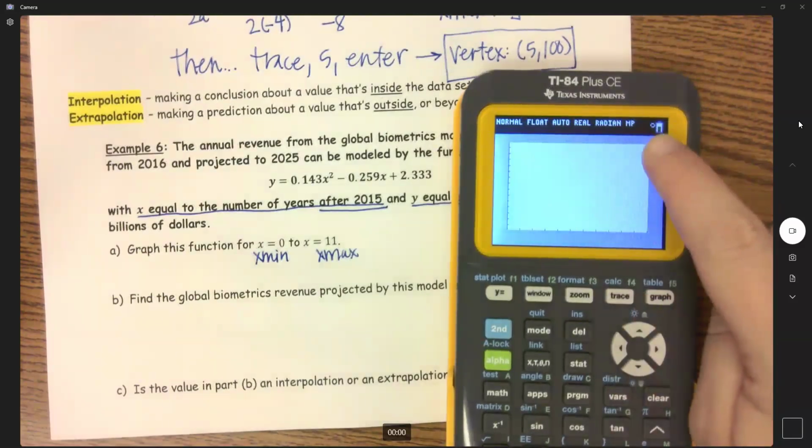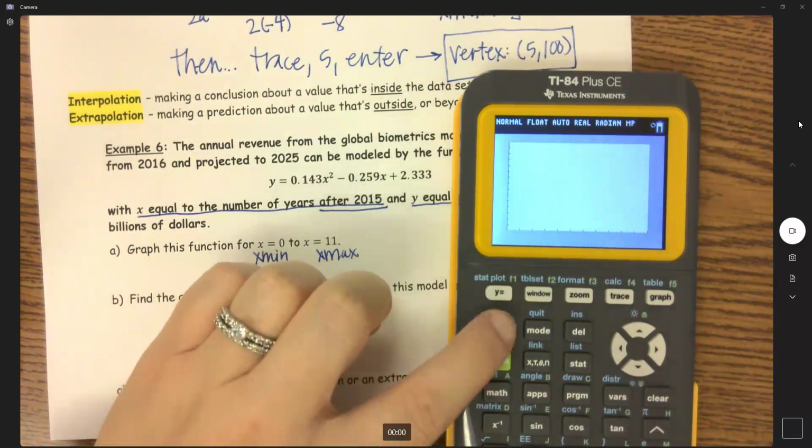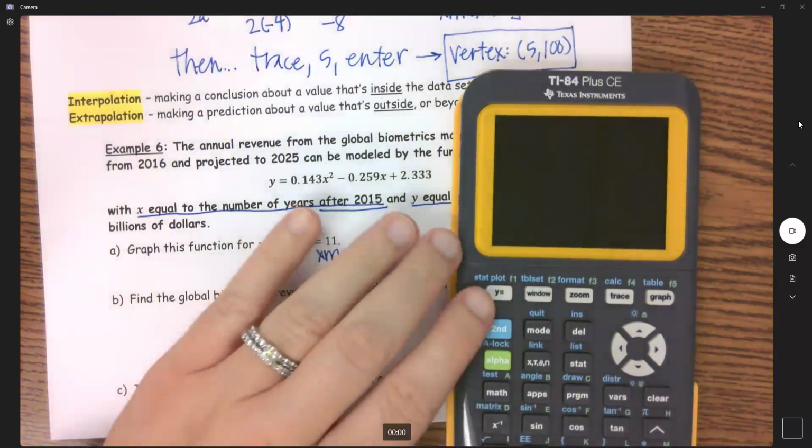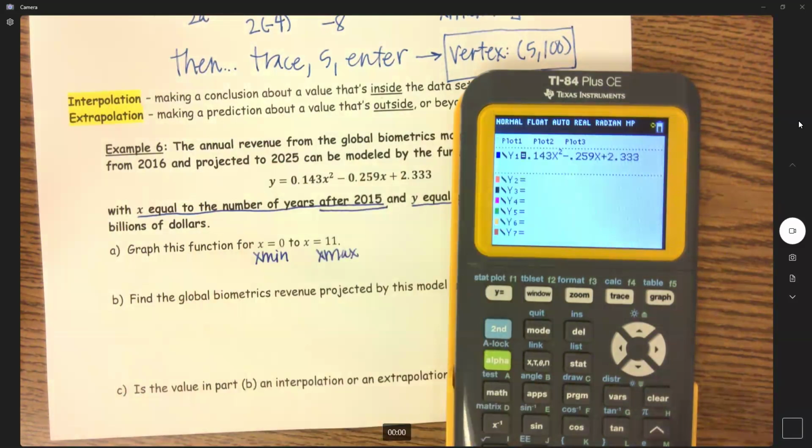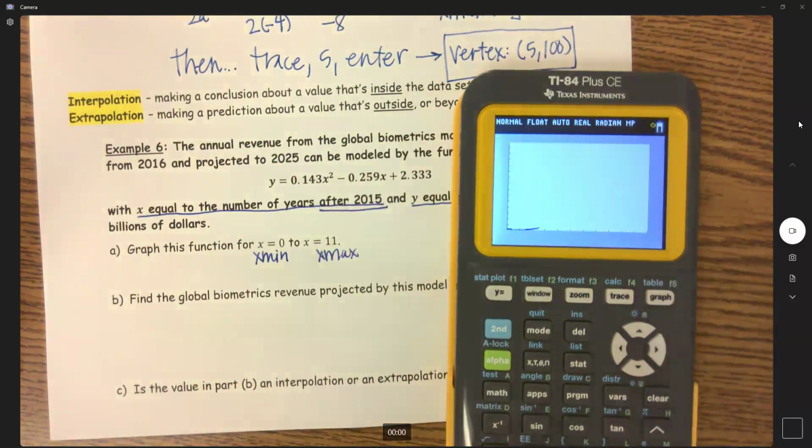And that is making my calculator think very, very hard. Let me try just turning this off. And graphing. So sometimes, I don't know why, it stumps your calculator. Just turn it off, turn it back on, and it's usually fine.